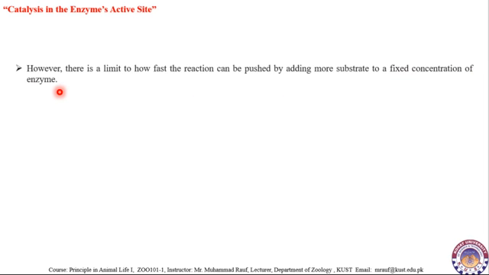If the substrate molecules are in large number and enzymes are in short supply, then still there will be less amount of product formed, because at a given time the active sites of all the enzymes will be blocked and the substrate will be in surplus number. So in such a situation, if more product is intended, then the number of enzymes should be increased.